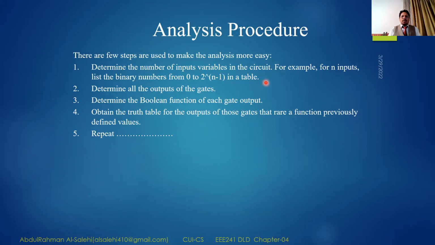Then we have to determine all the output gates, and determine the Boolean function of each gate. We have to obtain the truth table of those gates, and then we repeat step number 3, which is to determine the Boolean function of each output.